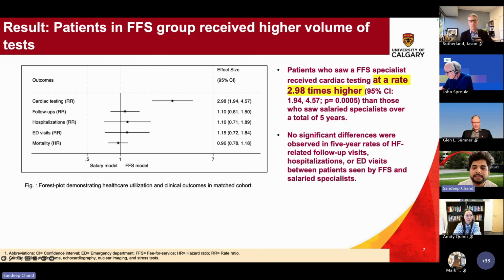Importantly, despite increased testing in the patients cared for by the fee-for-service doctor, there was no significant difference in important clinical outcomes, including heart failure hospitalization, emergency department visits, and all-cause mortality. To summarize, in the fee-for-service patient group, there was 3 times the cardiac testing and no measurable difference in clinical outcomes.